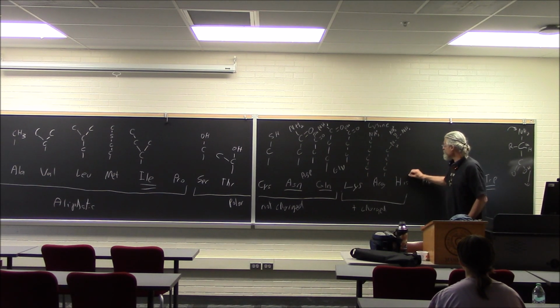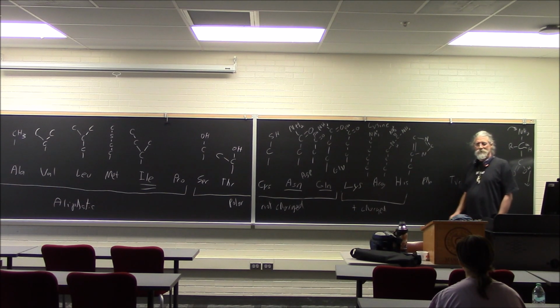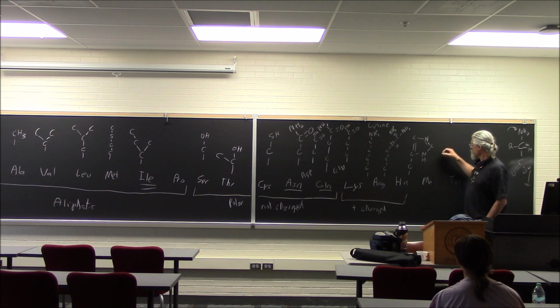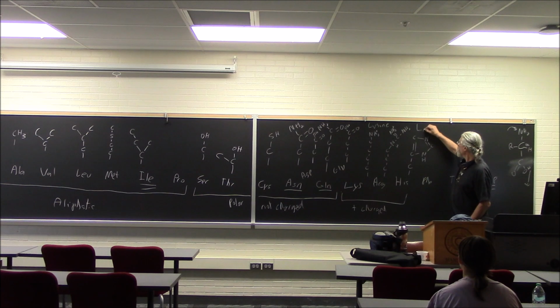Histidine. Histidine, you have alanine, and then you have a 5-member ring that happens to be the same as the ring that you see in the purines, the 5-member ring in the purines. And that one, because of resonance, so there would be an H there, but there wouldn't be an H there, but the resonance structure would be the H there instead.